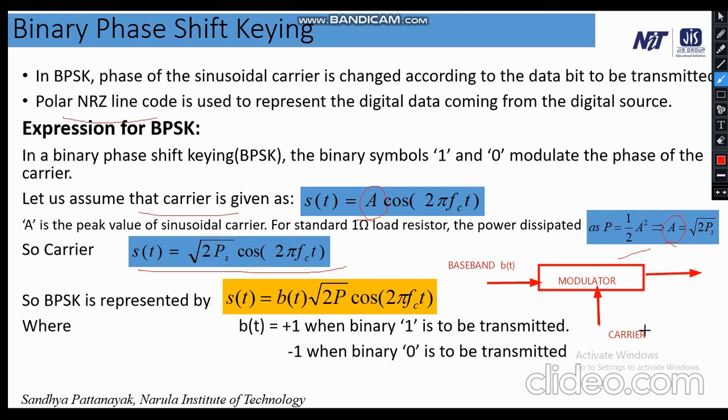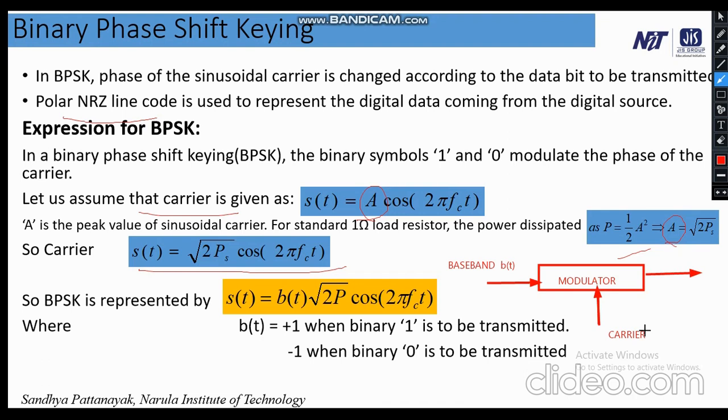So here the line code technique which we are using is the polar NRZ line code technique. If you remember when we studied the properties of the polar NRZ line code technique, I told you that depending upon the choice of the line code technique, we will be able to generate different types of modulated waveform.